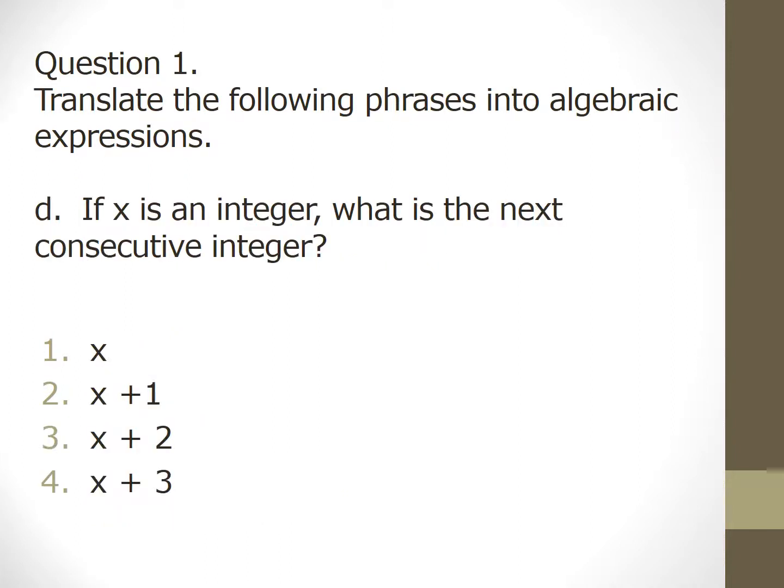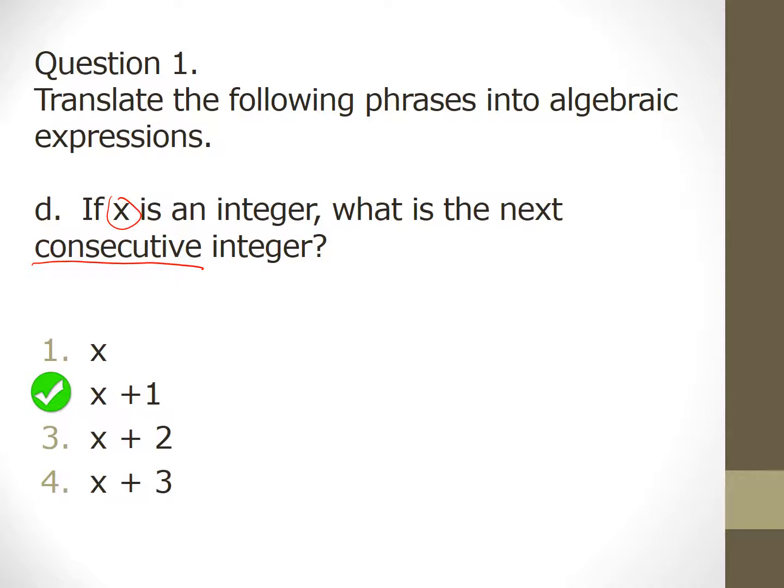If x is an integer, what is the next consecutive integer? Consecutive meaning the one that immediately follows. If this is the integer we're starting with, x, how would we write the next consecutive integer? The correct answer is 2, x plus 1.